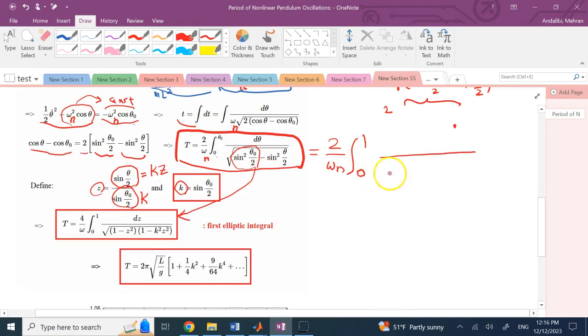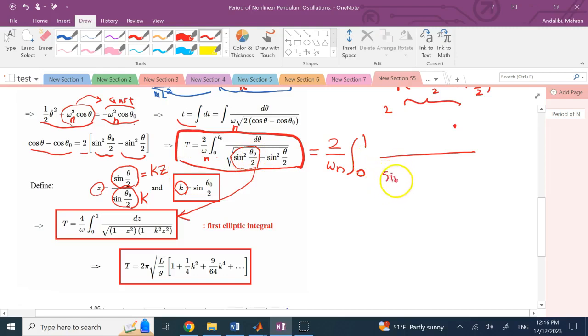Then the square root is going to be what? So what I can do, I can factor out a sine squared of theta naught over 2 and bring it out.